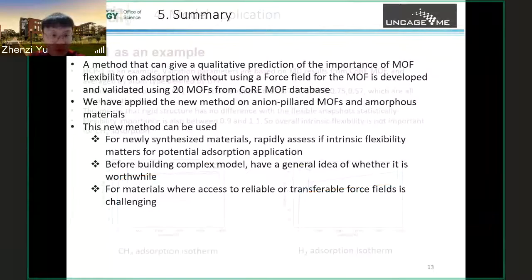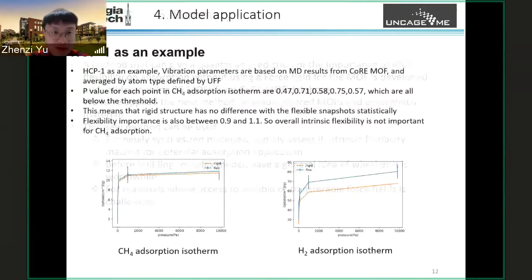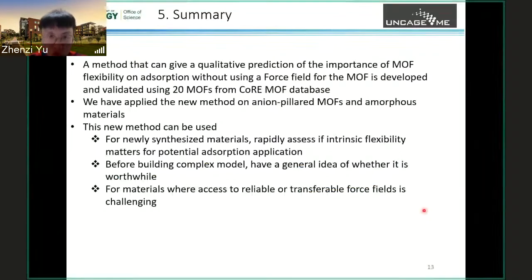So, to give a summary, a method that can give a qualitative prediction of the importance of more flexibility on adsorption without using a force field for MOFs is developed and validated using 20 MOFs from the CoRE MOF database. And we have applied the new method on ZIF polymorphs and amorphous materials.